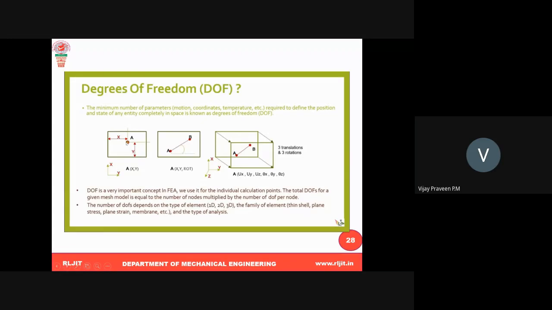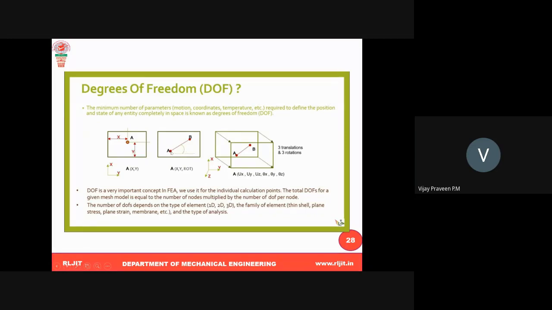Suppose you take an example here. A is one point. In order to define this, how many parameters do you require? What is the distance from the x-axis? What is the distance from the y-axis? That is enough. 2 degrees of freedom. Now, suppose I take points like A and B at some angle.